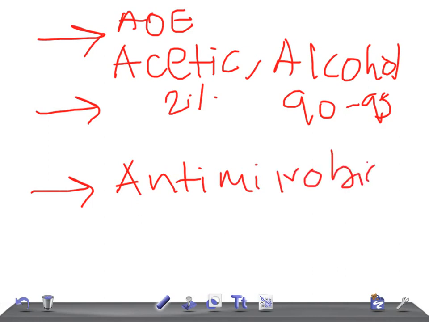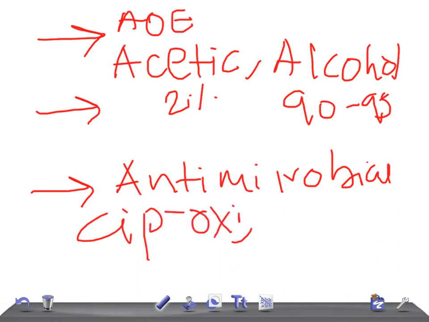And you should give the antimicrobial ear drops. It can be in the combination of steroids or without steroids, like ciprofloxacin. It could be with hydrocortisone or dexamethasone, or a combination of neomycin, polymyxin B, hydrocortisone, or ofloxacin.